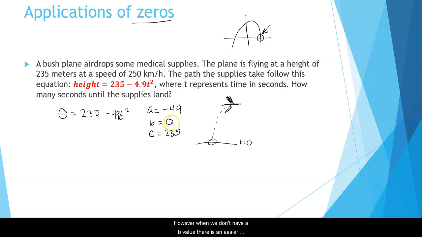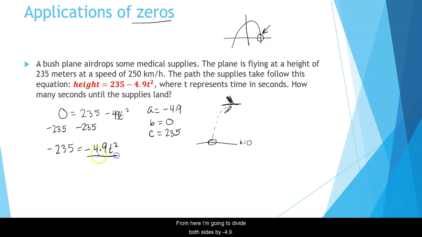However, when we don't have a b value, there is an easier way to do this, and that way is to isolate the t squared term. Let's do that instead. I am going to subtract 235 from both sides. This gives us negative 235 equals negative 4.9 t squared.